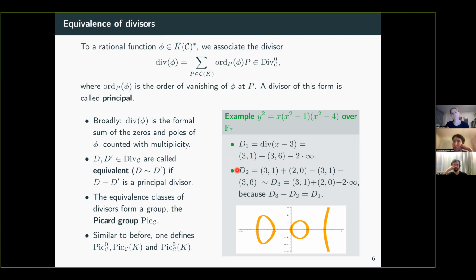And now we say that 2 divisors, d and d prime, in the divisor group are equivalent if they differ by a principal divisor. So for example, the divisor d2 here is equivalent to the divisor d3, because the difference of the 2 divisors is just the divisor d1 that we started with, which was a principal divisor.